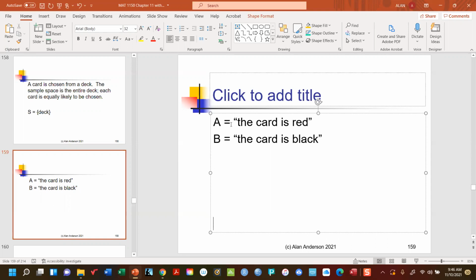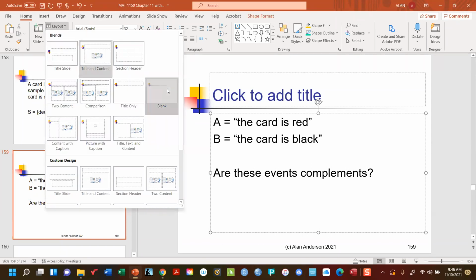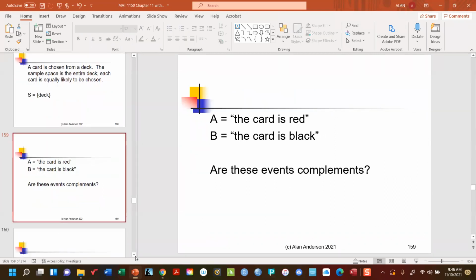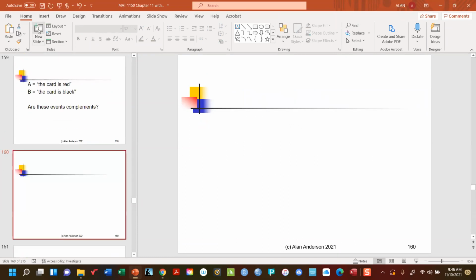Remember, we're trying to figure out: are these events complements? Now, how do you know? Yes or no? You've got to prove it. So remember how that works. Their union must be the entire sample space, and their intersection must be empty.